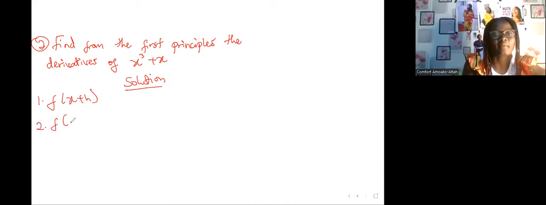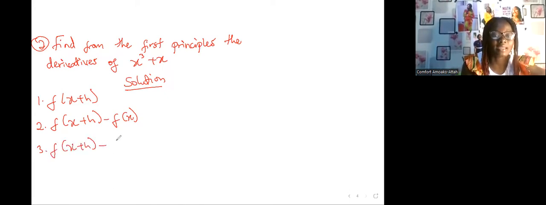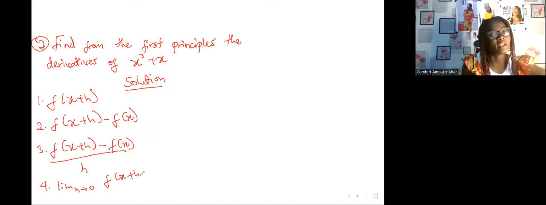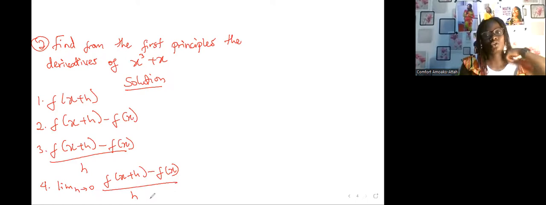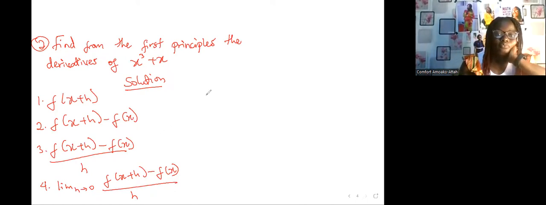So it means that do this first. Then f of x plus h minus f of x over h. The last one, the limit when h approaches 0 of f of x plus h minus f of x over h. So these are the 4 steps to follow.